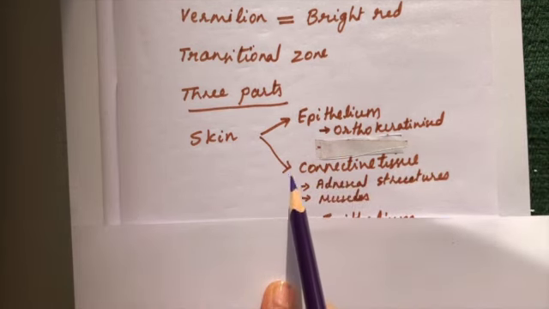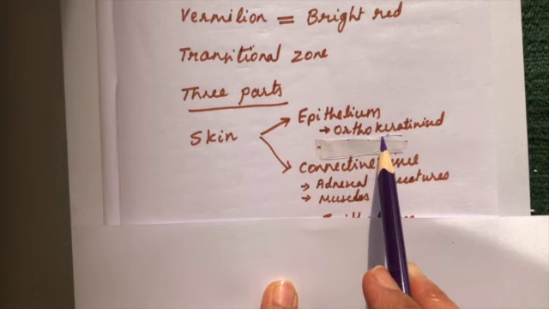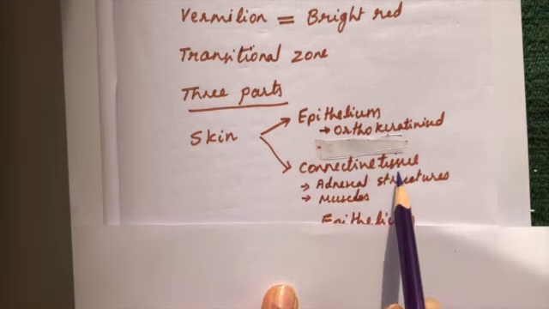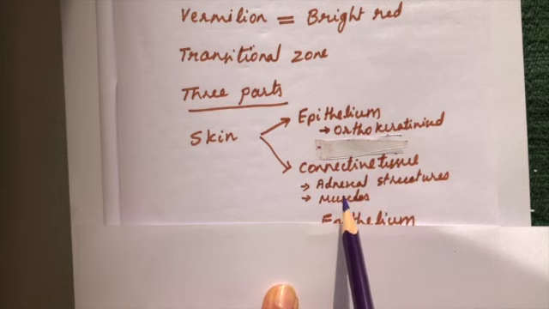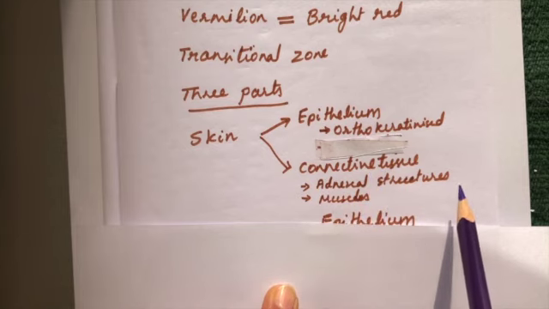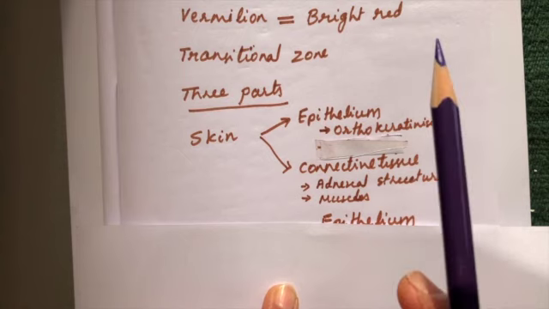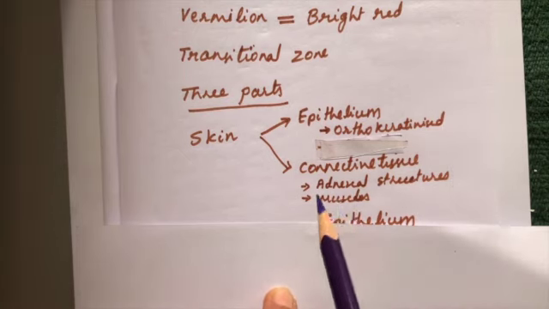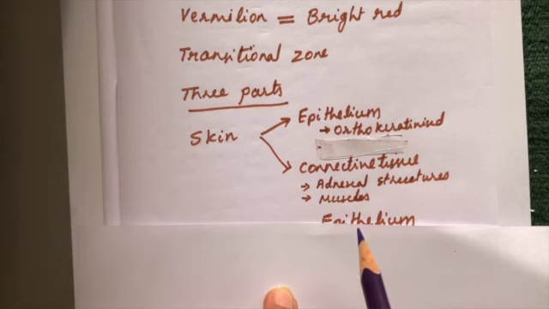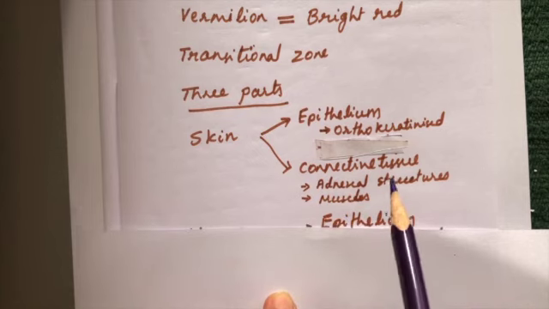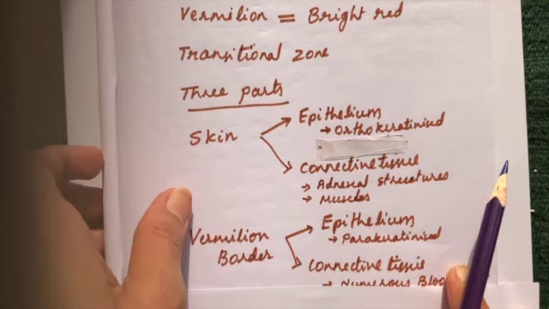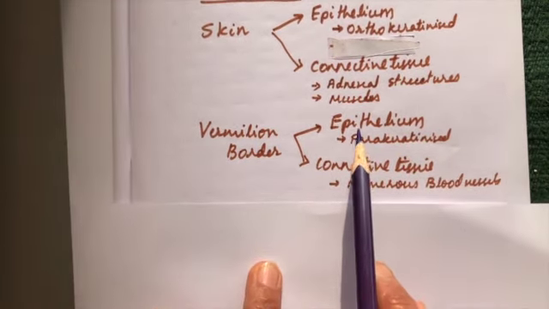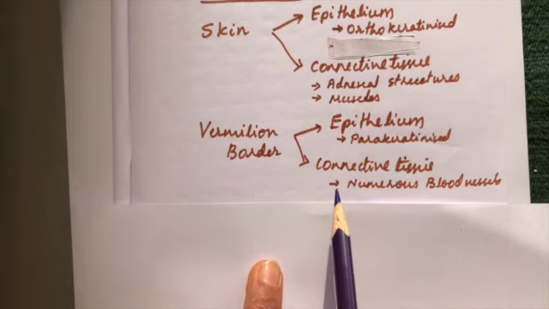So in the skin we have orthokeratinized stratified squamous epithelium, and the corresponding connective tissue will have adnexal structures, that is hair follicles, sebaceous glands, sweat glands, etc. Along with that we have the muscle component, that is the orbicularis oris, inserted into the skin area of this zone.